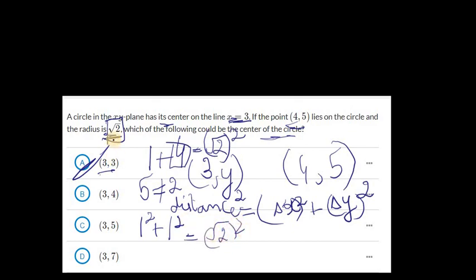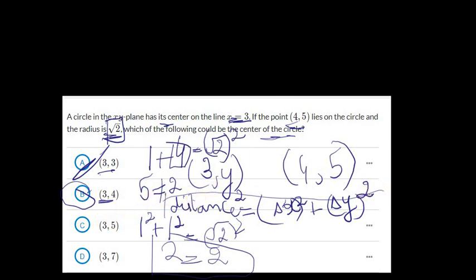Yes, it is equal to the square root of 2 squared. 1 plus a 1 is equal to a 2, which is equal to the square root of 2 squared, which is 2. I'm just using this equation right here, and I'm using these points. And as it turns out, this is the correct option, because the distance between this point and this point is equal to the square root of 2.